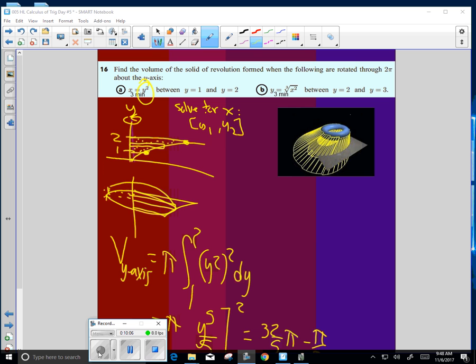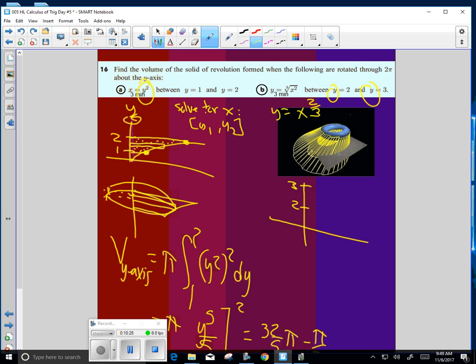So when we're looking at this one, the first thing you want to do is to rewrite it as y equal x to the 2/3. But if you're going y here, it means that you're going from y equal to 2 to y equal to 3.